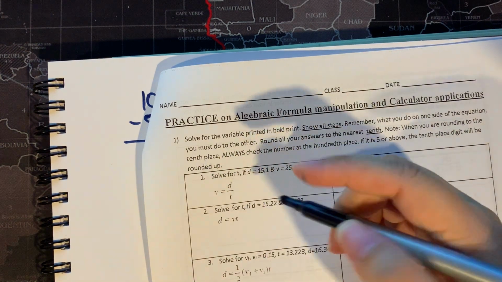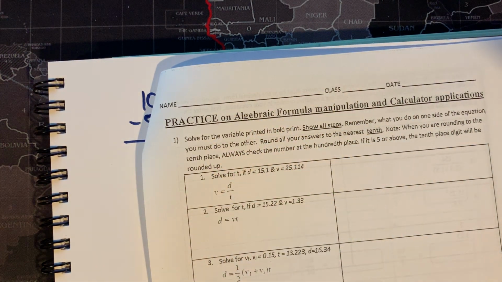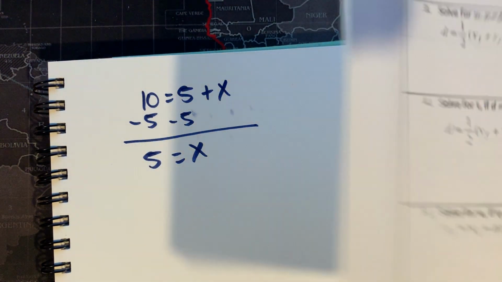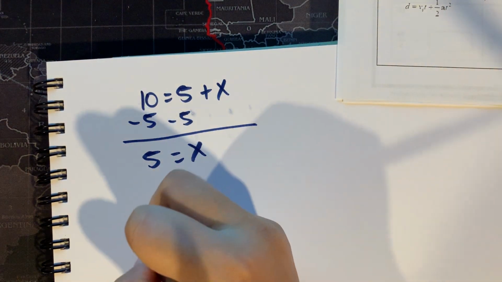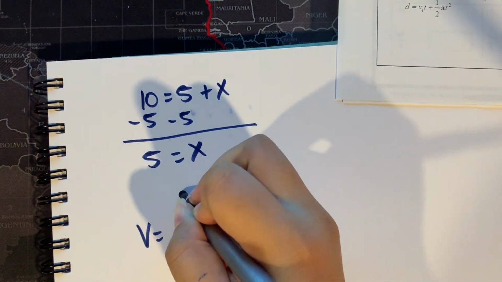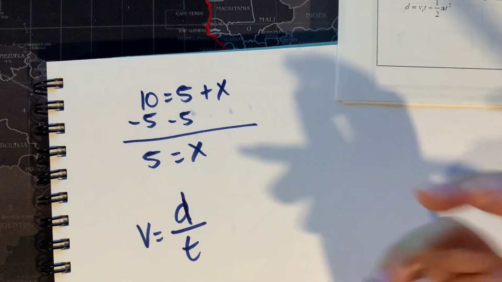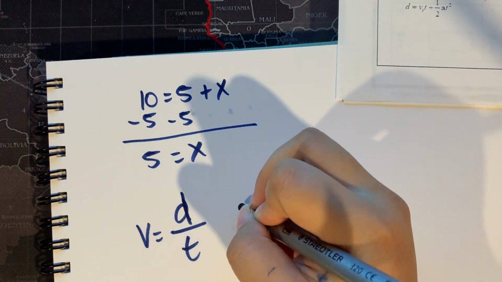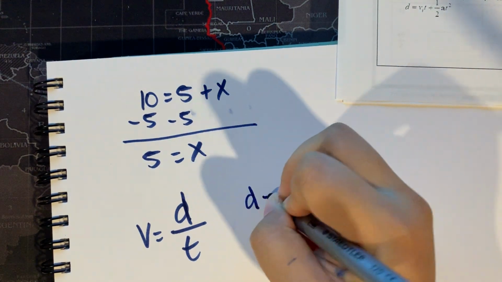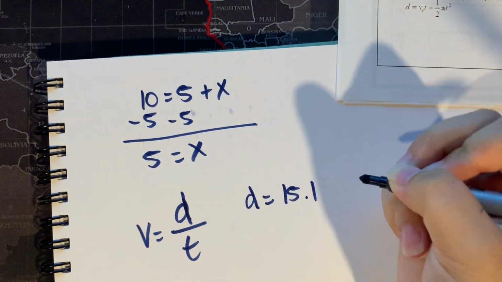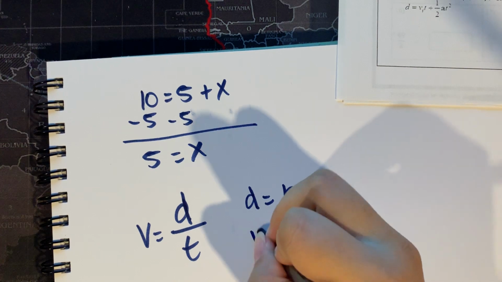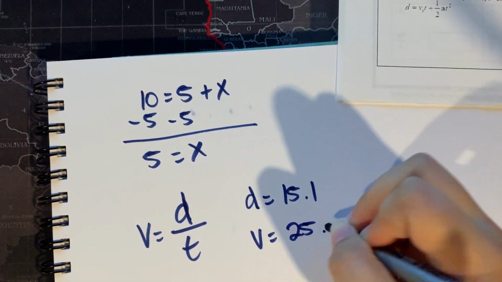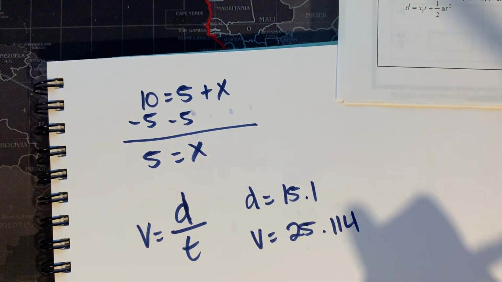Velocity is equal to d divided by t. So velocity is equal to distance divided by time. They told us that d is equal to 15.1, your distance, and velocity is equal to 25.114.